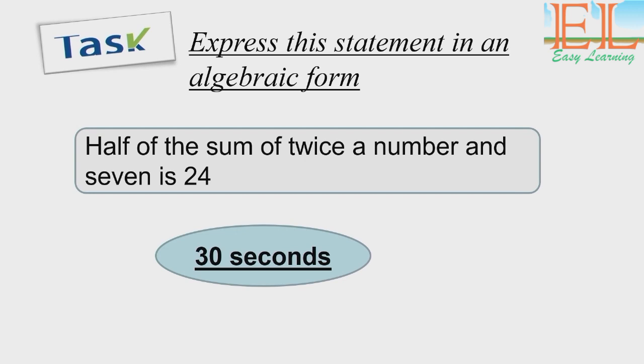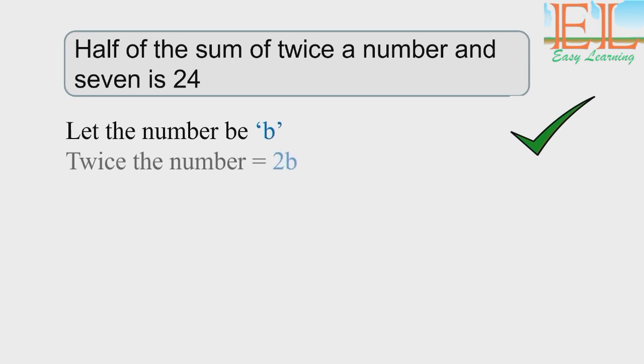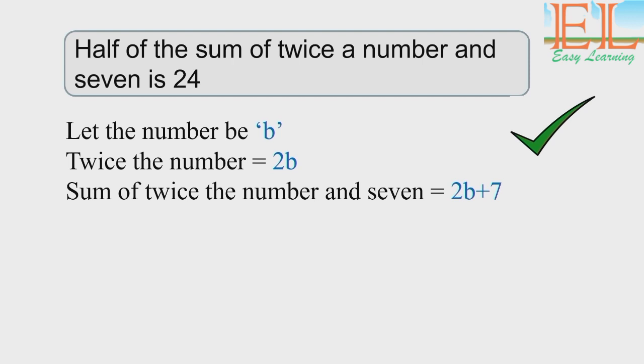Good. Now let's compare your solution to mine. So I say let the number be b because I don't know that number. But twice the number is 2b. The sum of twice the number and 7 will be written as 2b plus 7.